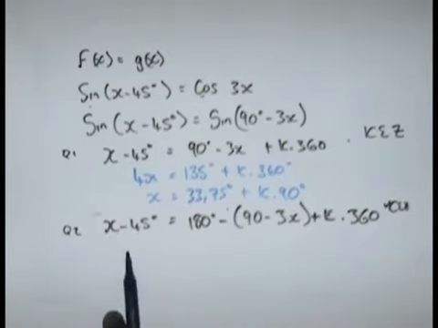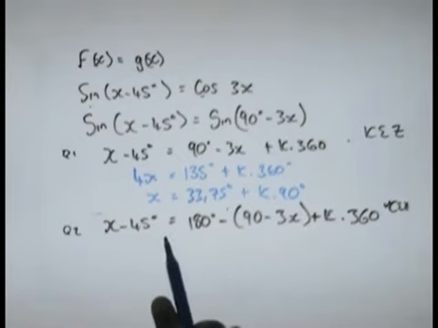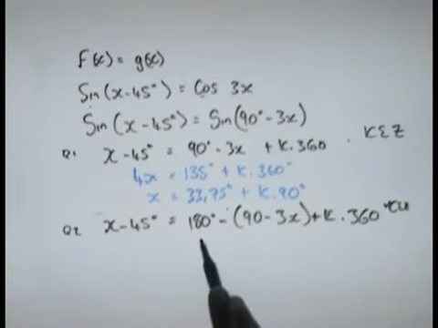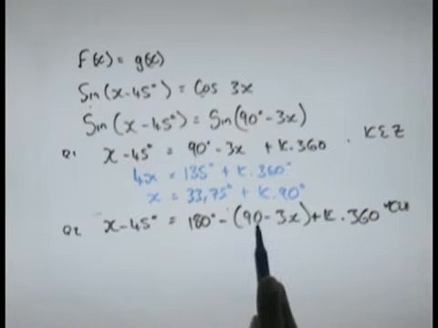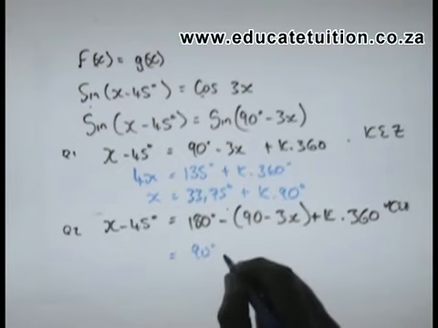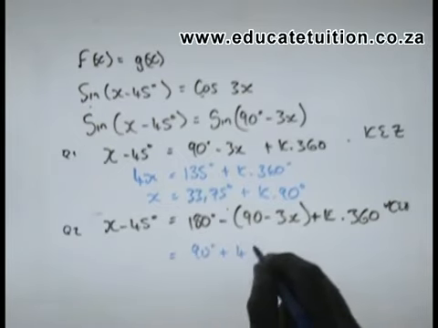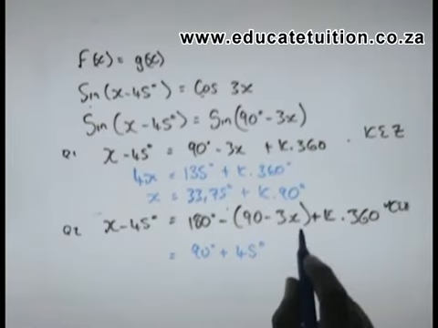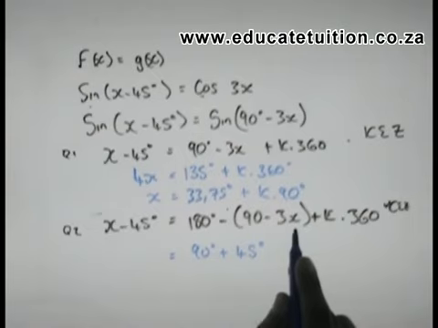Our other possible solution is going to be x minus 45 degrees is equal to 180 minus 90, which is going to give me 90 degrees. Take the 45 across, so that becomes plus 45 degrees. Minus times a minus 3x becomes positive 3x.